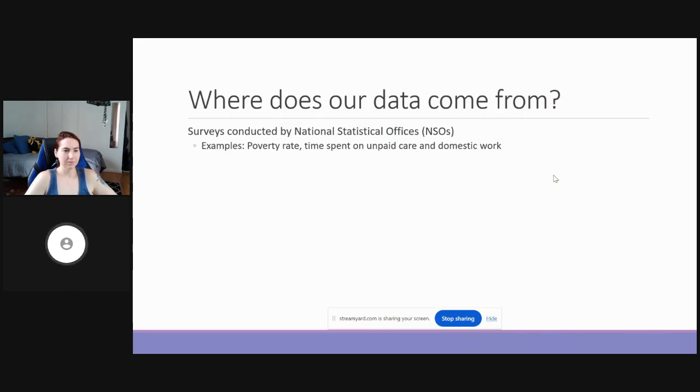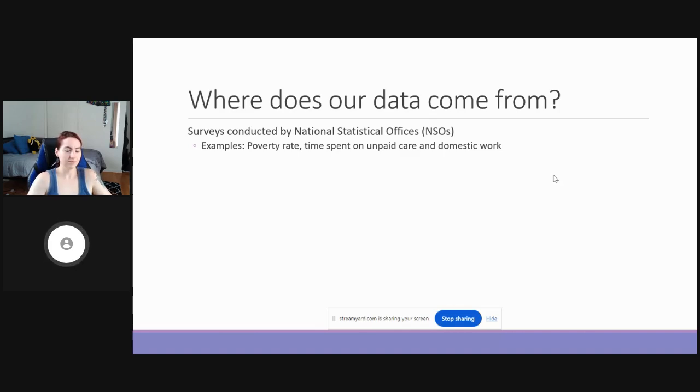So where does our data come from? It comes from surveys conducted by national statistical offices. For example, poverty rate data or time spent on unpaid care and domestic work. These kinds of surveys are conducted by different governments through their national statistical offices. They send this data to us or to other international organizations like UN Women for gender data, or UNICEF for child and youth related data, or ILO for labor related data, and so on.